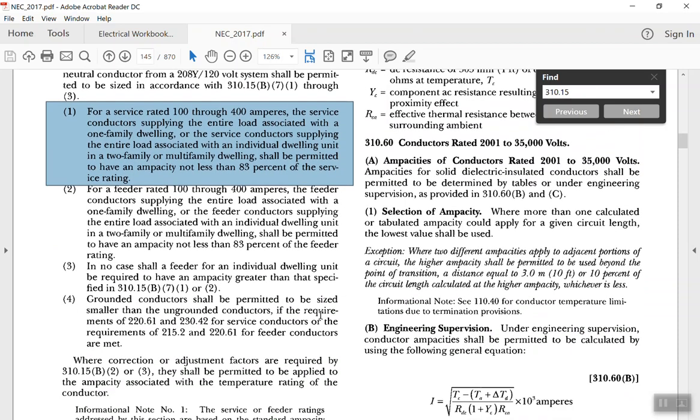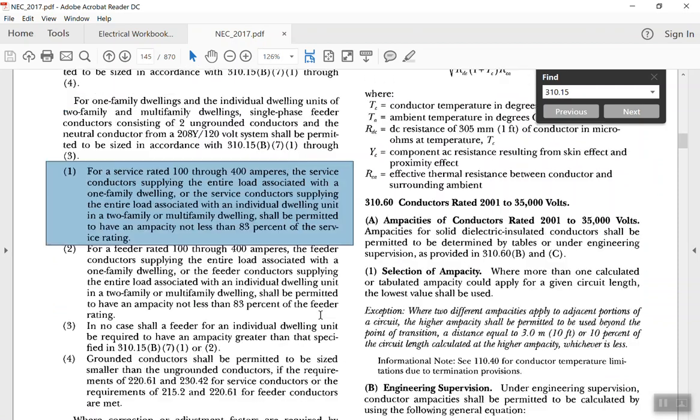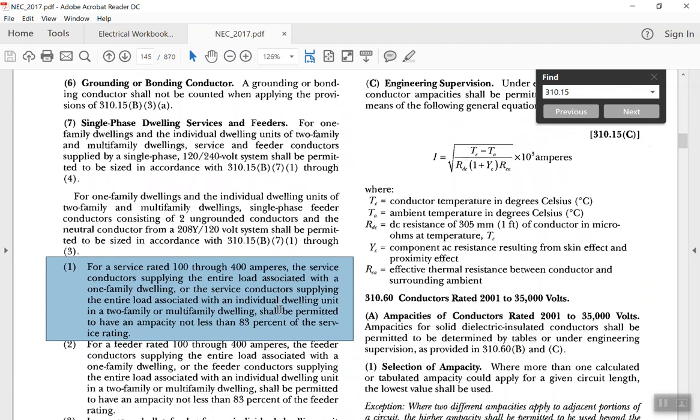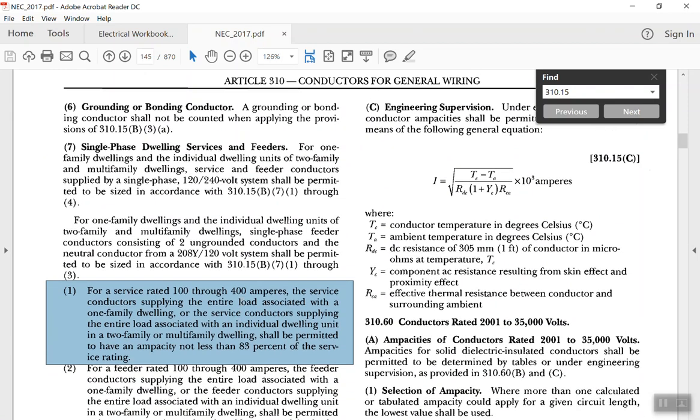Okay, there it is, and that's the sentence that we just read together. You can go ahead and highlight it once you find it. It's right before 310.60, and it should be on your page if you've got a book like mine. On page 149, a couple inches down there, is the correct article reference, okay?